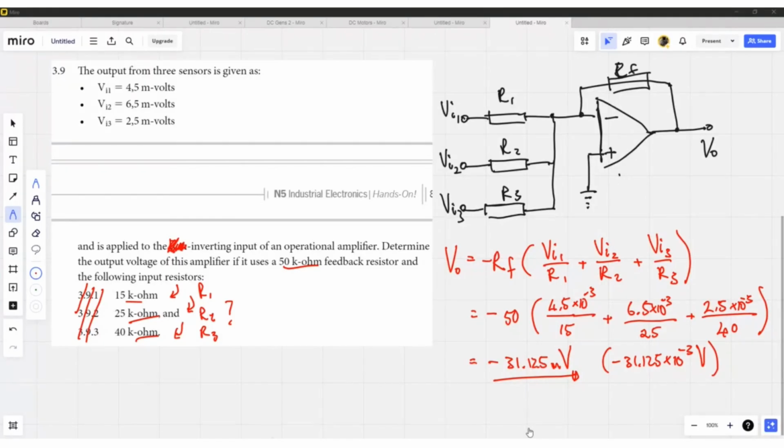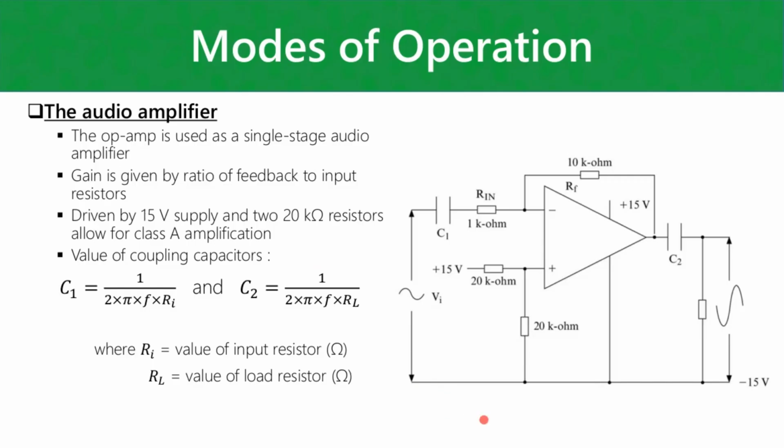I think let's take a look at the next amplifier circuit here. And that would be the audio amplifier. Now the audio amplifier, you guys will notice that it is in the form of what we would call a differential op amp.